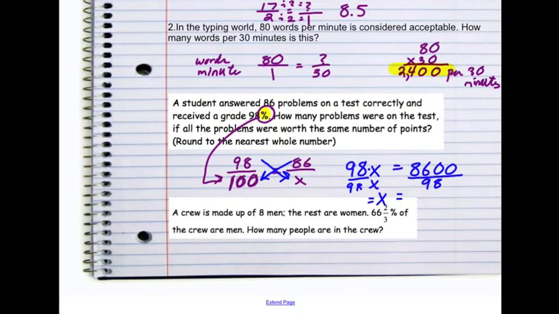If I divide this side by 98, I also have to divide this side by 98. So 8,600 divided by 98 is actually 88 test questions. And again, this is something you're going to be able to use a calculator on. You just want to be able to remember the process. How did I figure out what that x actually equals?